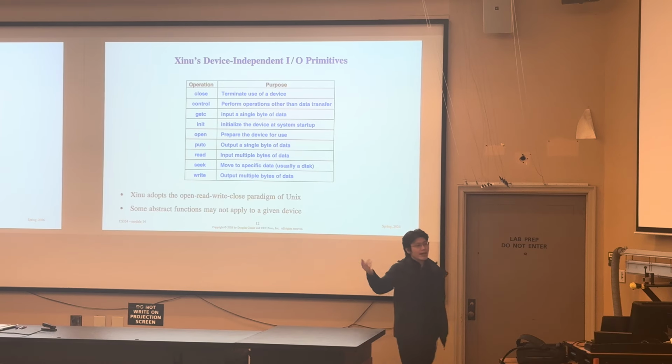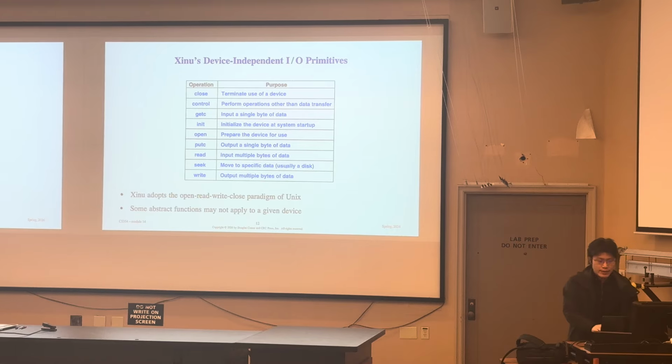And because we treat devices as byte streams, to operate or manipulate this byte stream, we at least need to have getc, putc, read, and write. Putc is writing a byte into the byte stream. Getc is reading a byte from the byte stream, and read is reading multiple bytes. Write is writing multiple bytes. So these four interfaces exist because we treat every device as a byte stream.